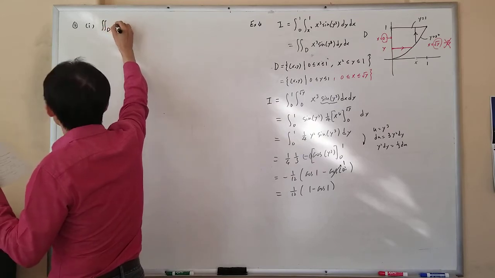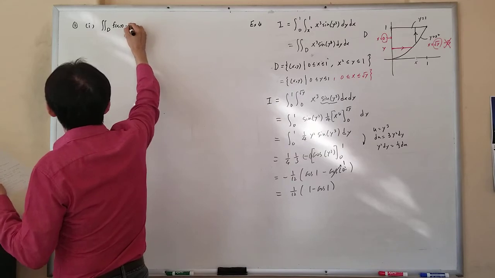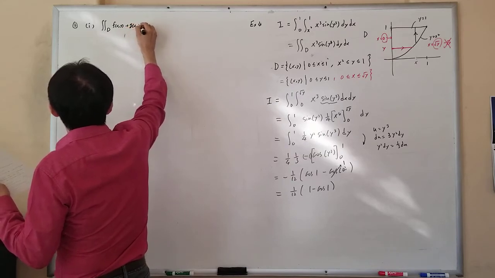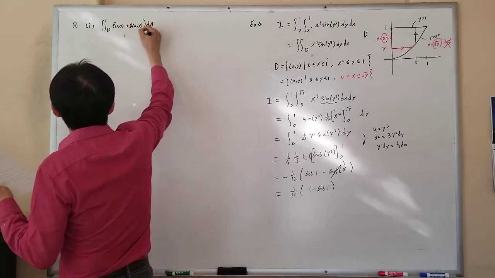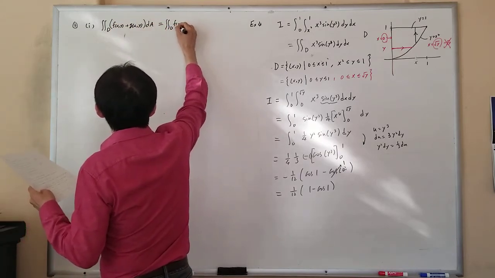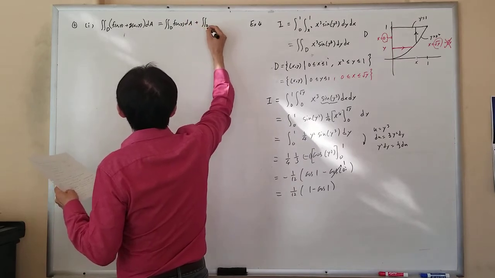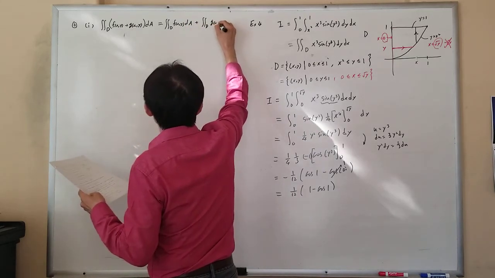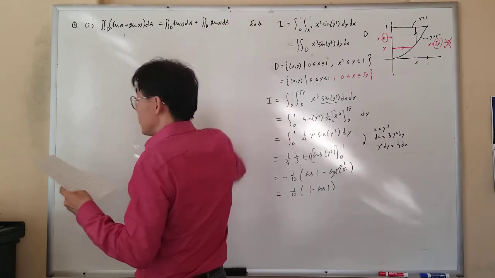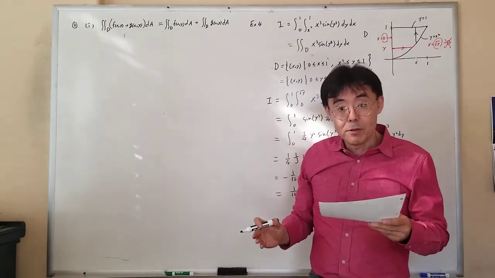Double integral can be split over addition inside, just like the definite integral in calculus 1 and 2 you learned. Double integral, just like a definite integral, can be split over addition.